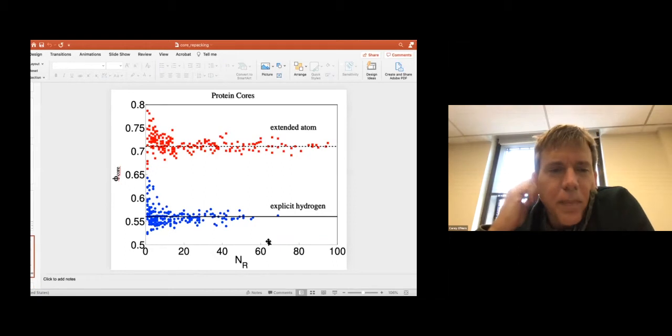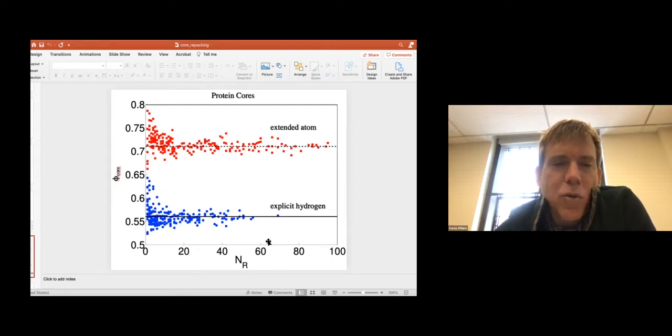And here's a really nice result about the packing fraction of the core. You have the experimentally determined proteins. You can identify which residues are the core residues by looking at the relative solvent accessible surface area.